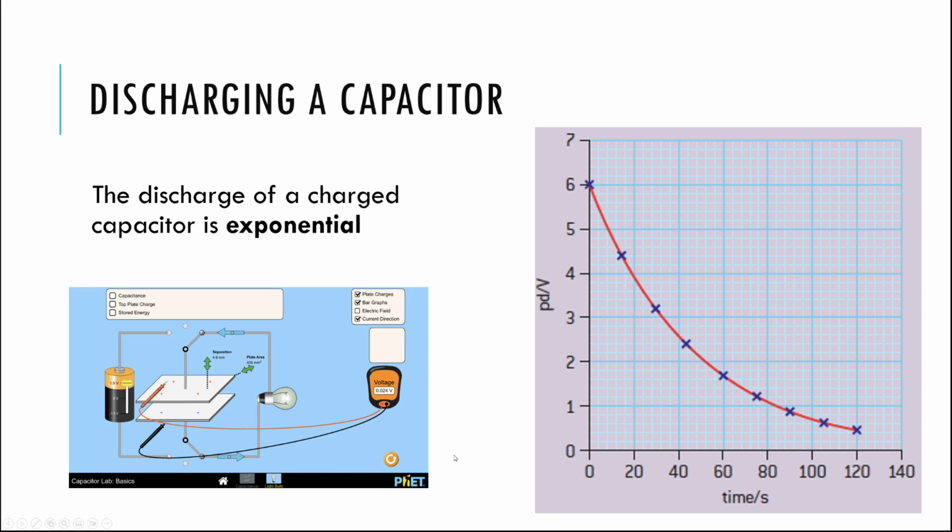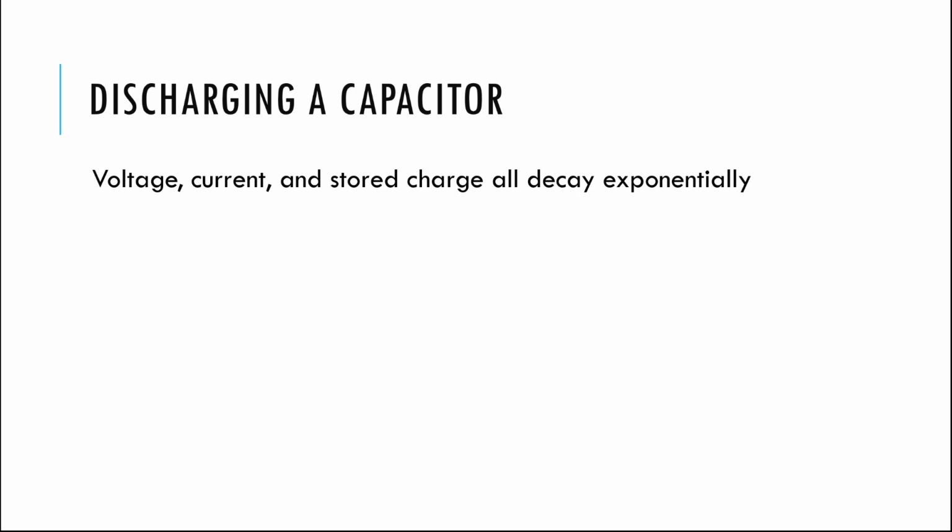There's less and less electrons on the negative plate that are repelling each other. So they get a little calmer. They don't push away as fast or as quickly. All that stuff. So it's an exponential decay, which is very exciting because from math class, you know how fun exponential decay functions are. The voltage will decrease exponentially with time.